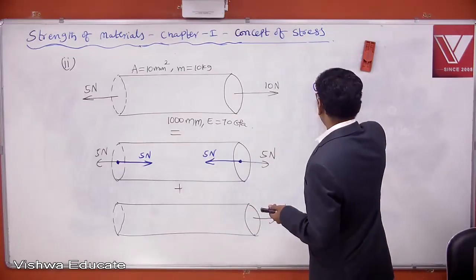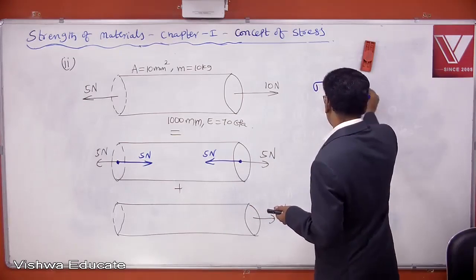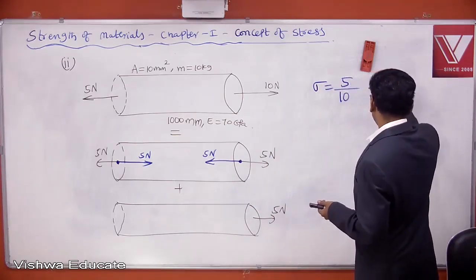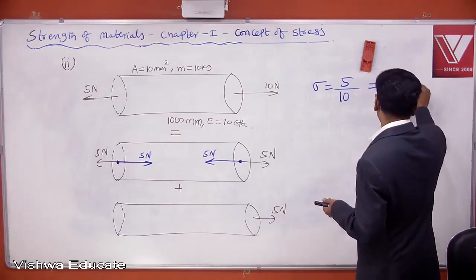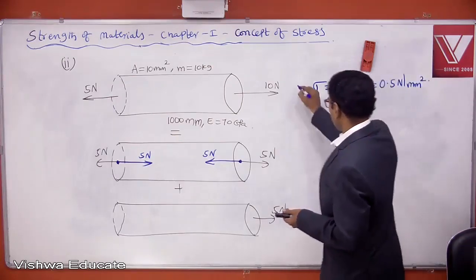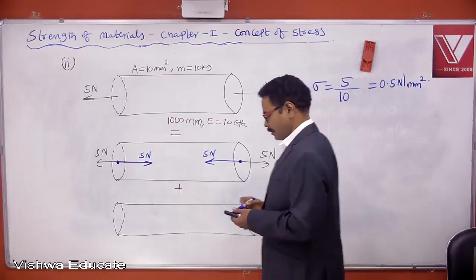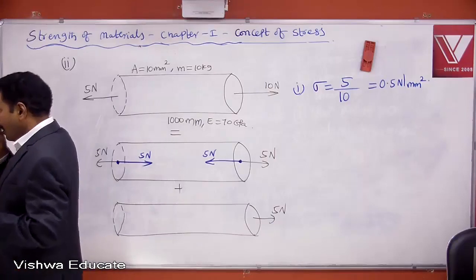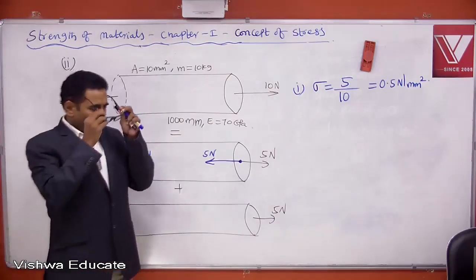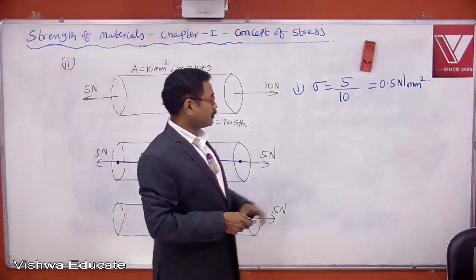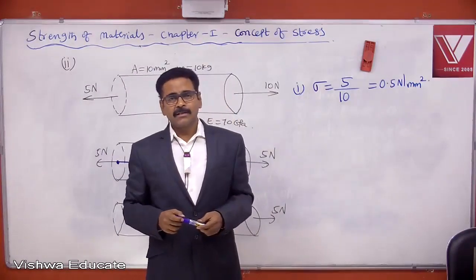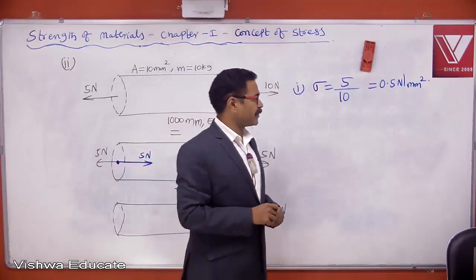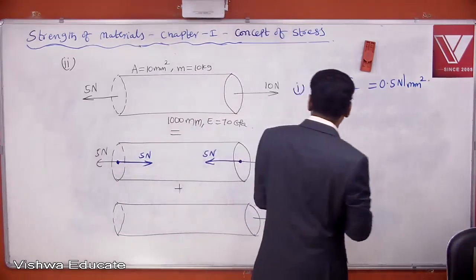So sigma is equal to resisting force 5, area of cross section 10, 5 by 10 is 0.5 Newton per millimeter square. So this bar carries stress. That stress is 0.5 Newton per millimeter square.